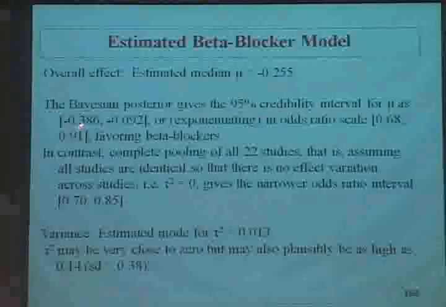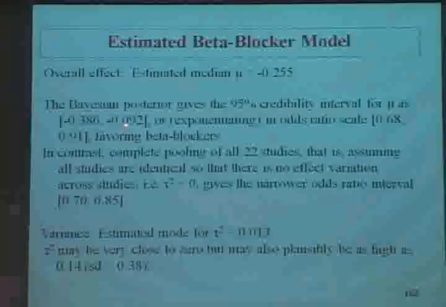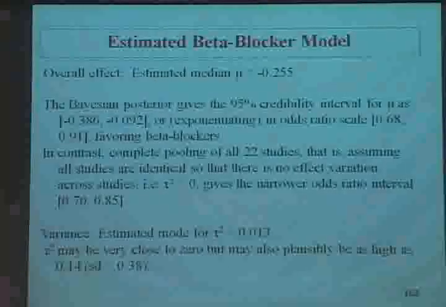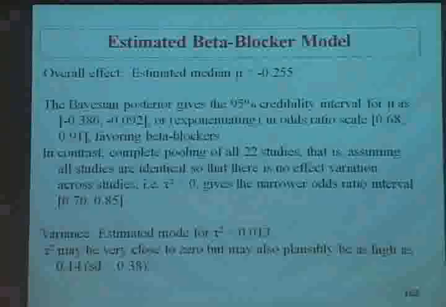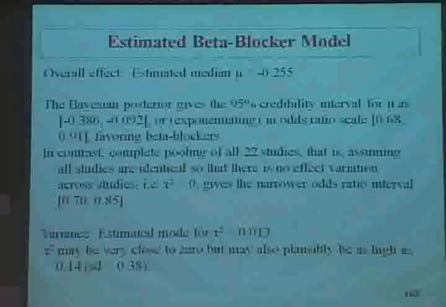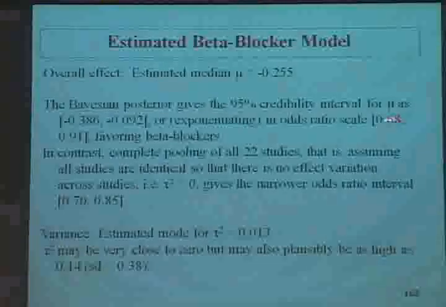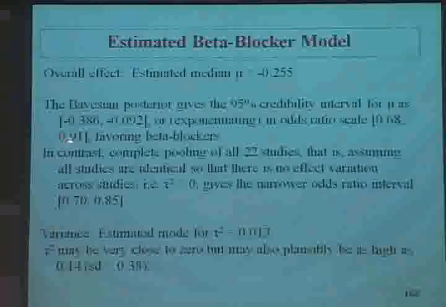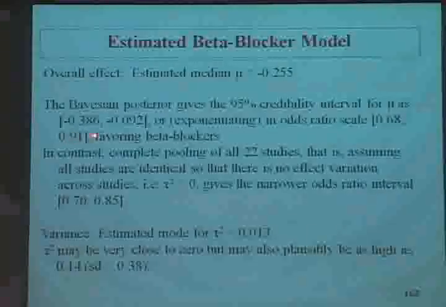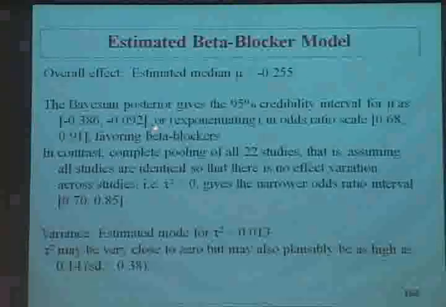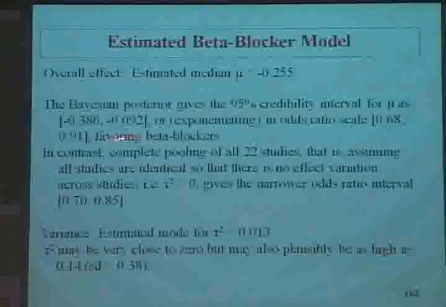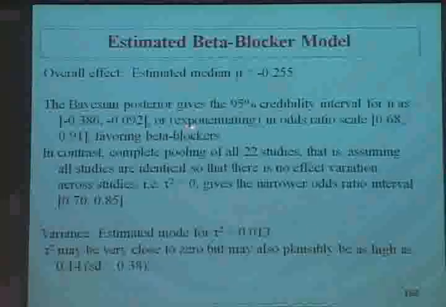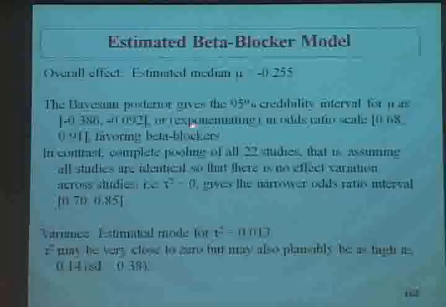Goes from minus 0.386 to minus 0.092. And that's in the log odds scale. So we might want to exponentiate it into the odds ratio scale, 0.68 up to 0.91. And the fact that it doesn't cover 1 means that the results are in favor of using the beta blockers.